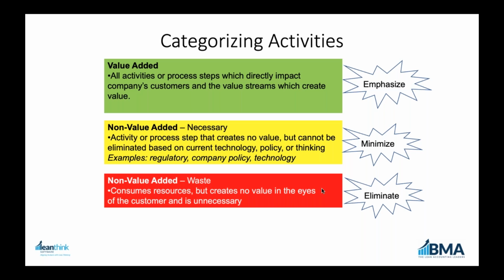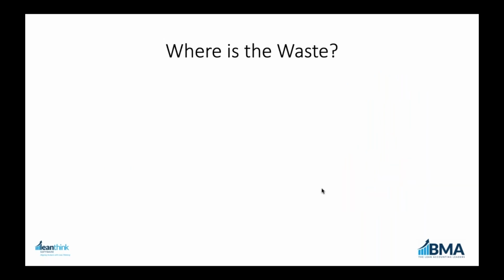So those are the activities, but where do they exist in accounting processes? So where's the waste? What's interesting about accounting is that the accounting function is made up of many processes. So you have accounts payable, you have accounts receivable, you have payroll, you have month end, forecasting and budgeting, FP&A. You have all these functions which go on inside accounting, and each of these functions is a process.